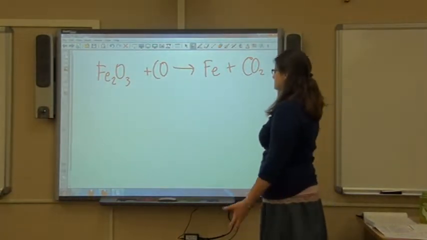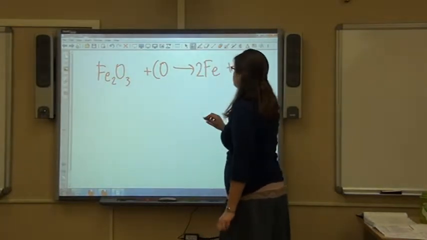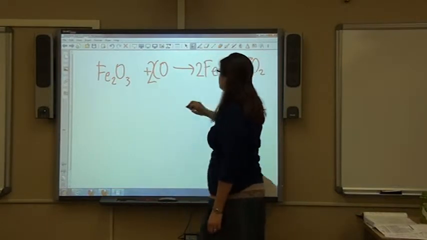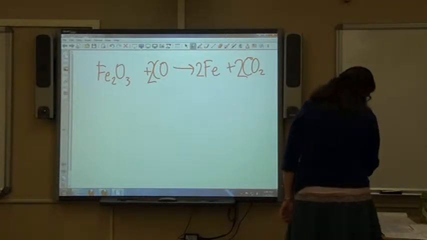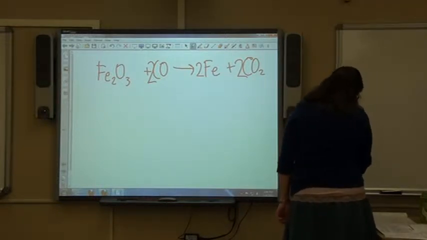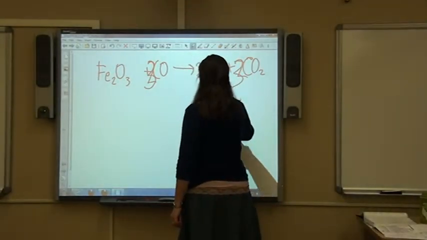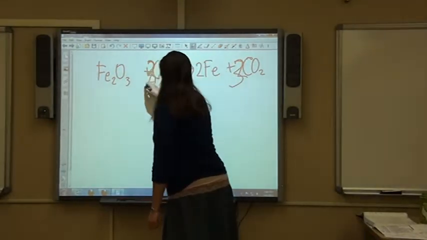Okay, so let's balance the equation first. That doesn't work. 3 here, and a 3 here, and that's right. Okay, so it should be 1, 3, 2, 3.